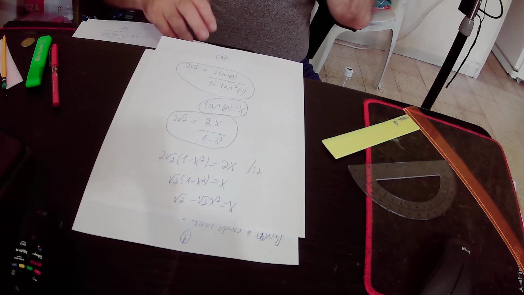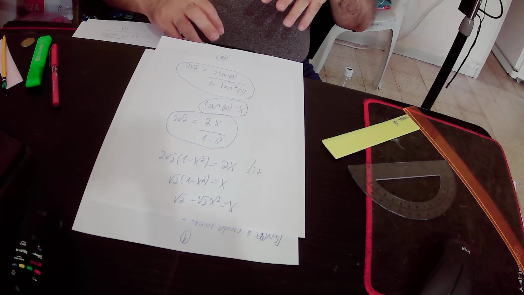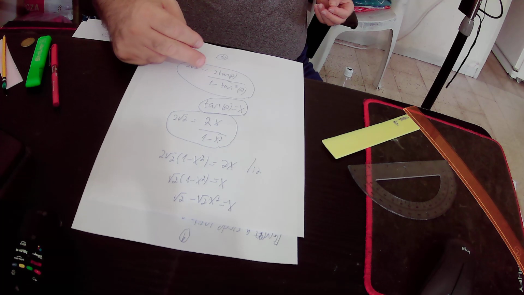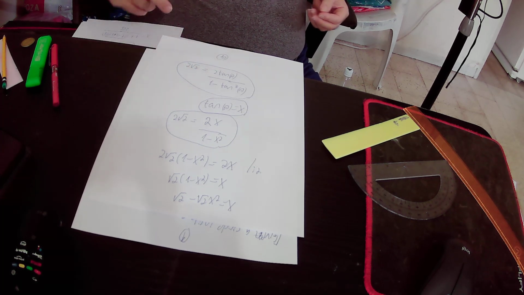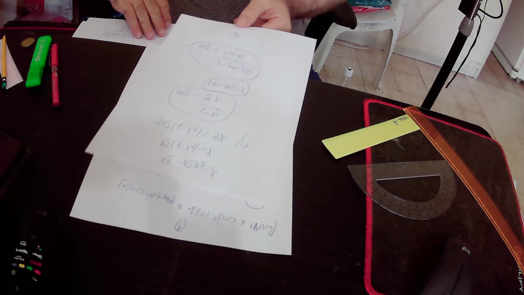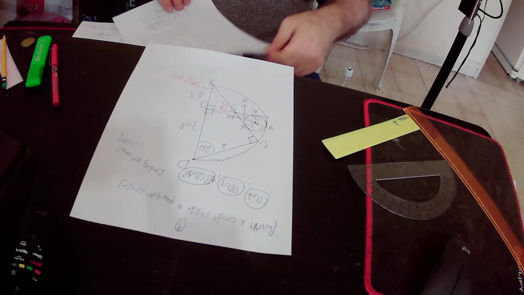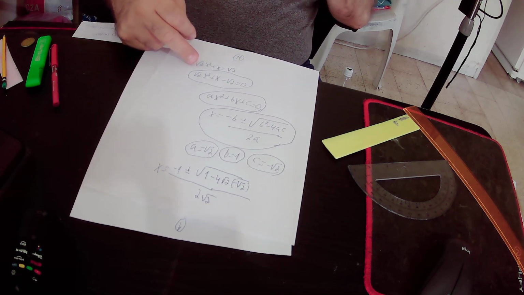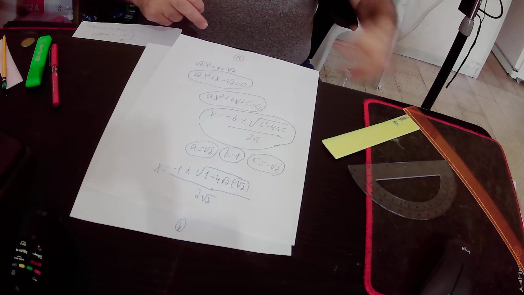Then we define tangent theta as x. So we substituted tangent theta by x, and we got the quadratic equation root 2 x squared plus x minus root 2 equals 0.